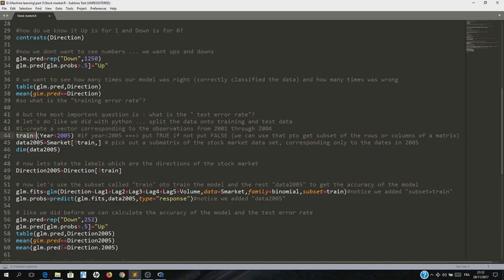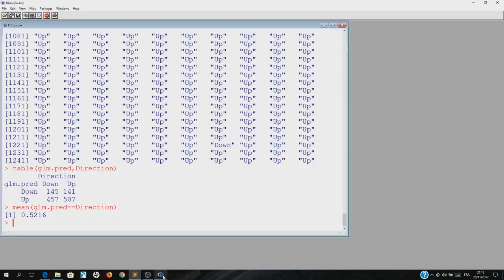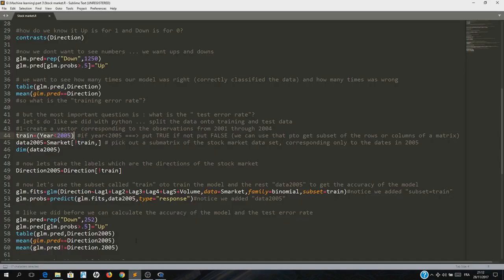So our training data is going to be all the data where the year is less than 2005, before 2005. And the data of 2005 is going to be the data of the stock market where it's not equal to train. That means all the data before 2005. This is the negation of this.